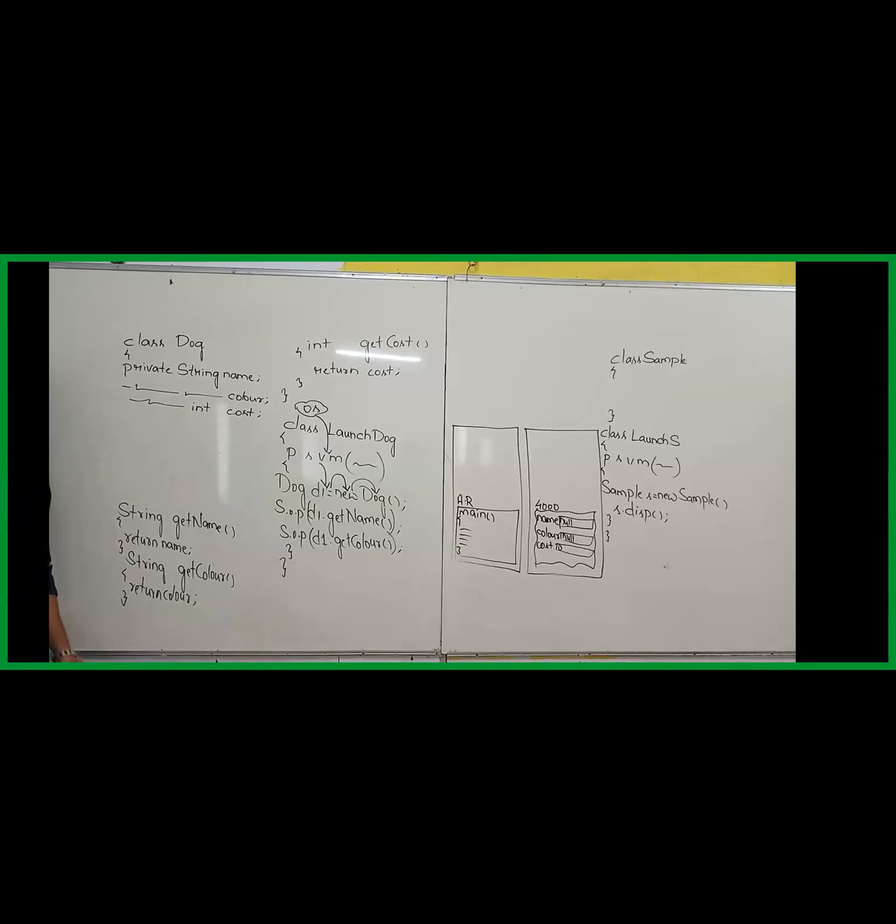Getting my point? Whether you have included that in your program or not, by default, one default constructor will be included by your compiler. Whether you write it or you don't write it, one default constructor will be included.